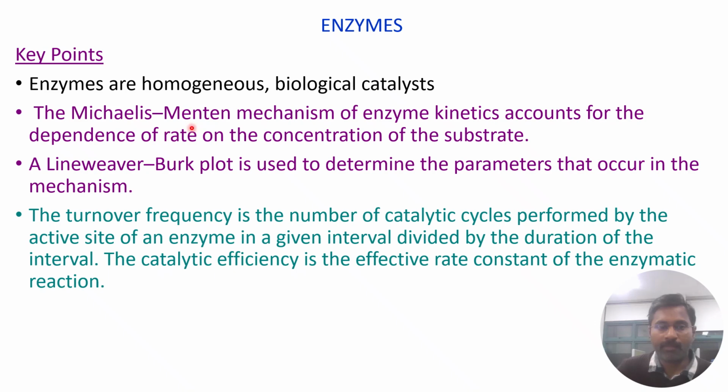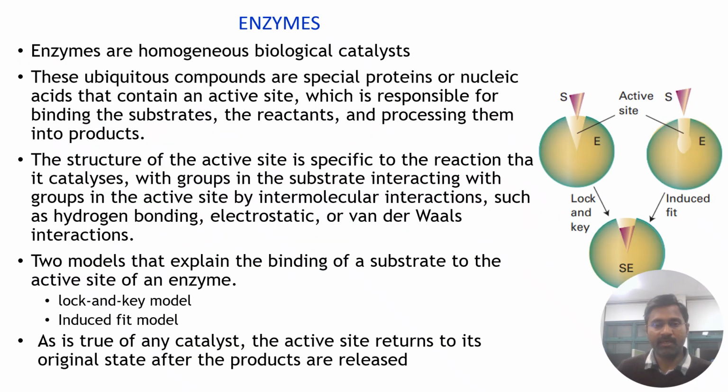From the Michaelis-Menten mechanism, we will derive an equation known as the Lineweaver-Burk plot, which will help us calculate various parameters like kinetic turnover frequency and catalyst efficiency of the enzyme. Similarly, we will assess the efficiency of enzymes through turnover frequency and the number of cycles they can efficiently perform for a given set of reactions. So let's begin our lecture with understanding the enzyme.